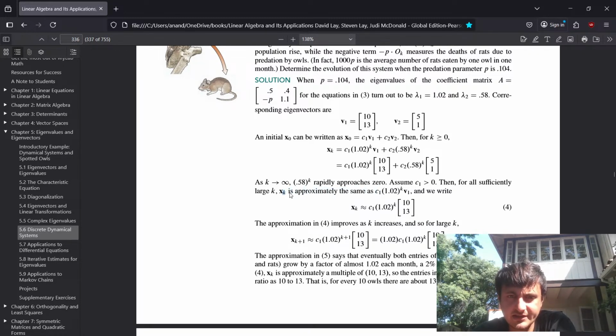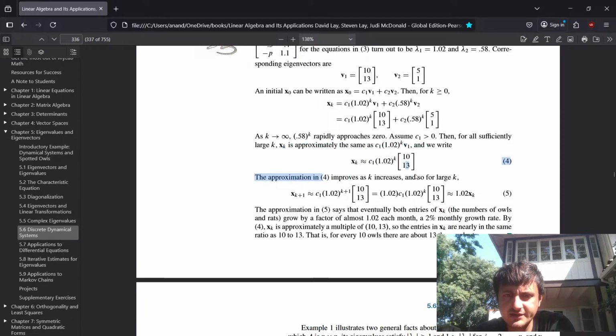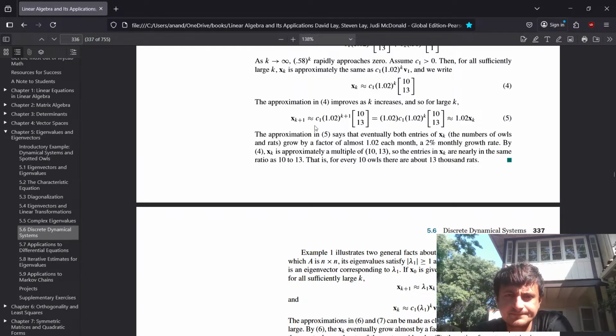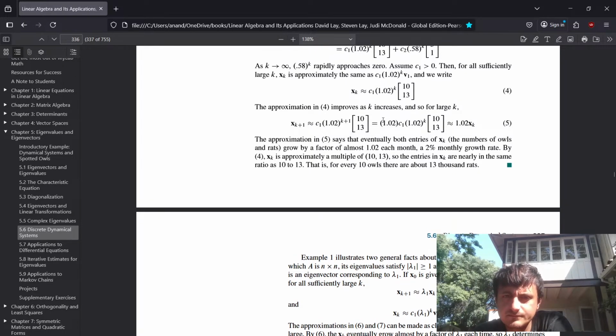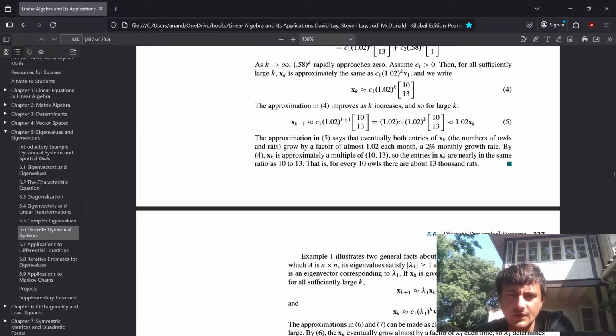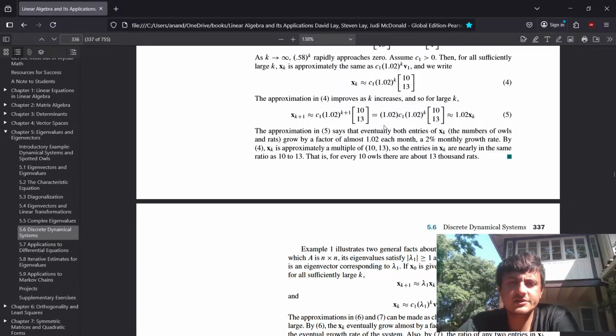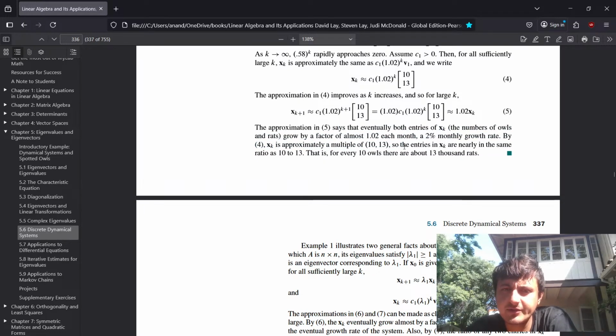Then for all sufficiently large k, x_k is approximately the same as, okay, so let me write this. The approximation in 4 improves as k increases, and so for large k, the approximation in 5 says that eventually both entries of x_k, the number of owls and the number of rats, grow by a factor of almost 1.02 per month, a 2% monthly growth rate.